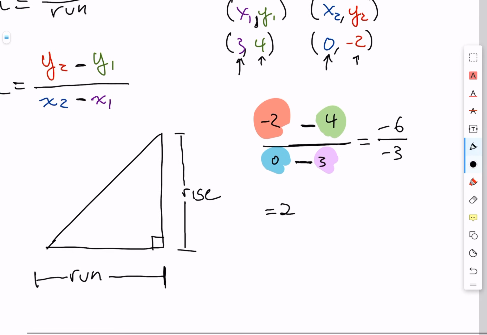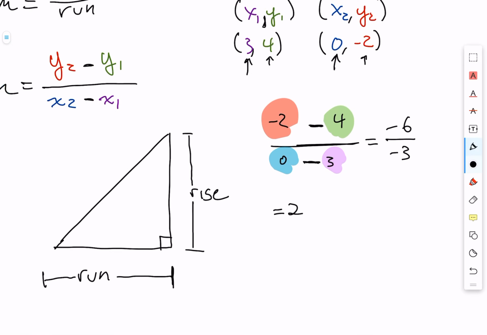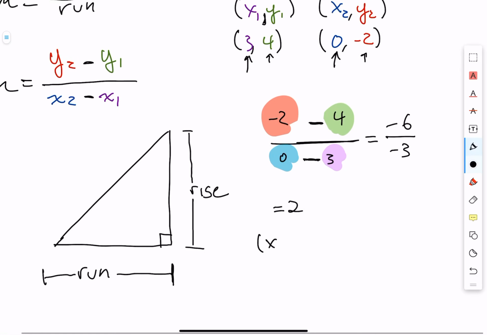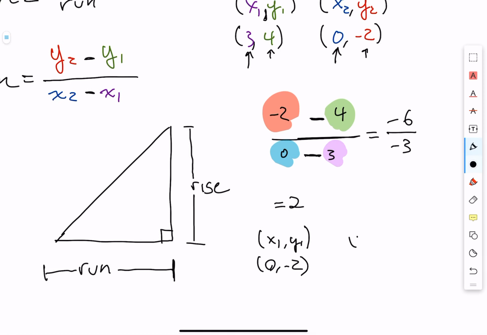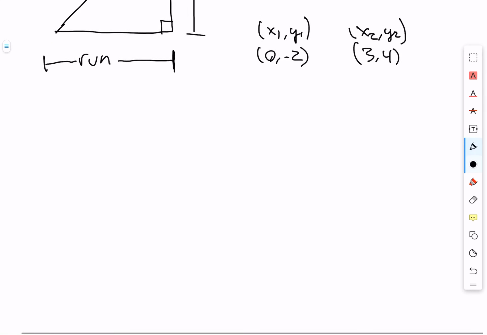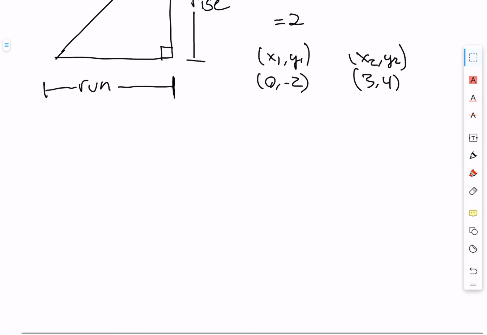If we were to have labeled the other way, if my x1 and y1 were the 0 and negative 2, and then my x2 and y2 were 3 and 4, let's plug these in and see how that changes. Right, and as I said, it shouldn't.